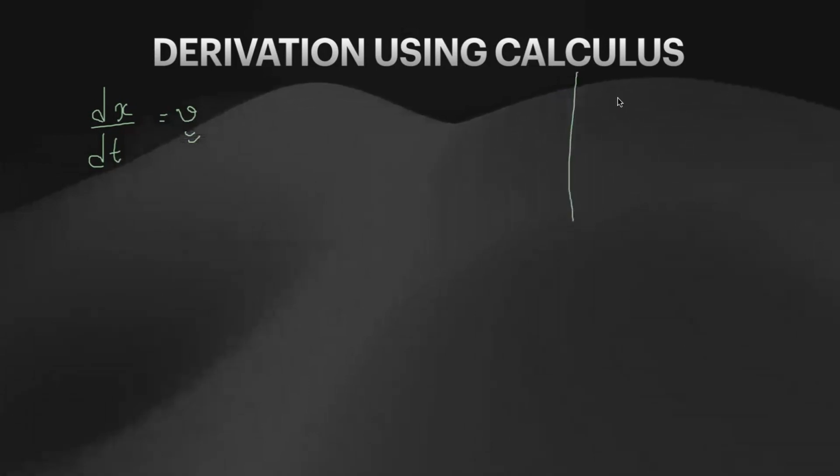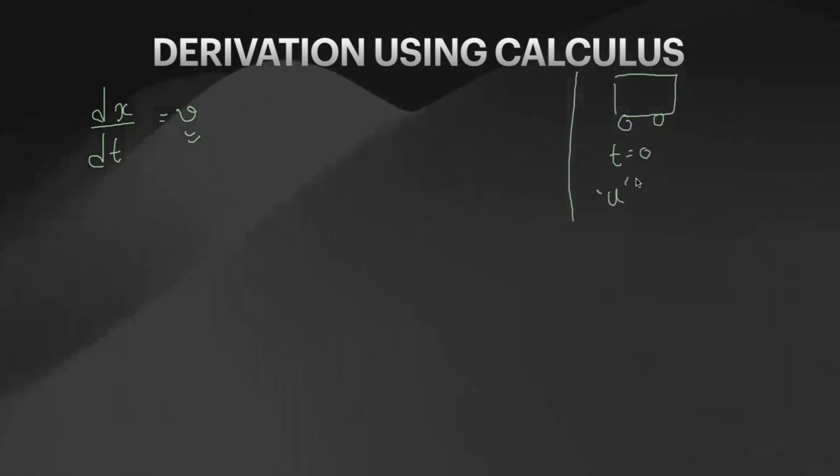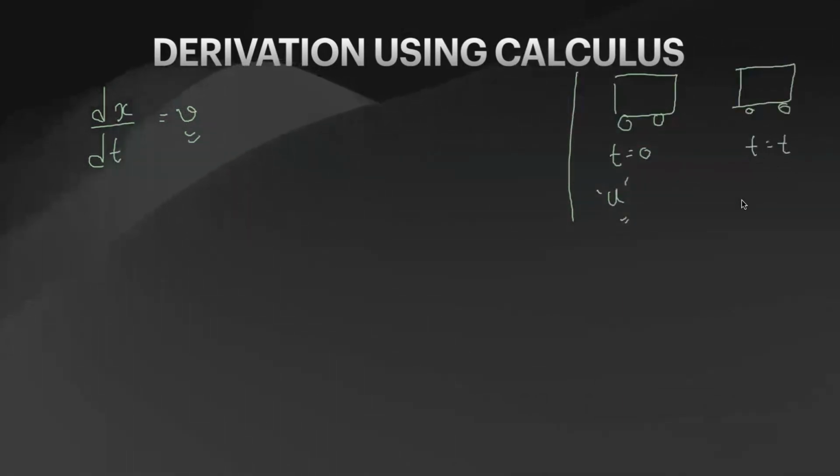Assume you have a car which is moving at time t equal to 0. The car will have some velocity u, that is initial velocity, and at time t equal to t, the car will have some velocity v. Now what is dx by dt?